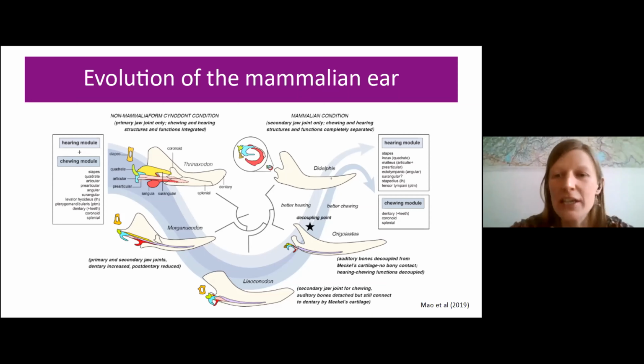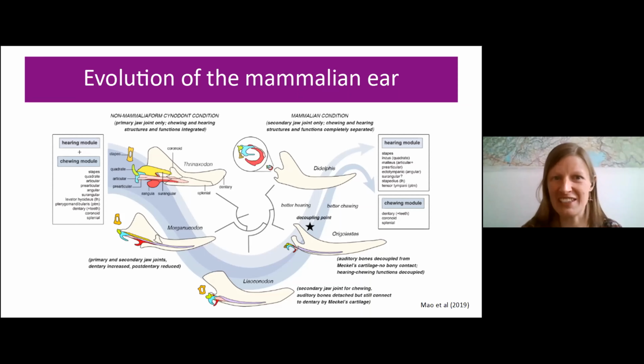So there is a complete decoupling between the hearing module and the chewing module. And this transformation from the jaw joint bones to middle ear ossicles happens several times independently during mammalian evolution. And so this is a major transition in mammal evolution.